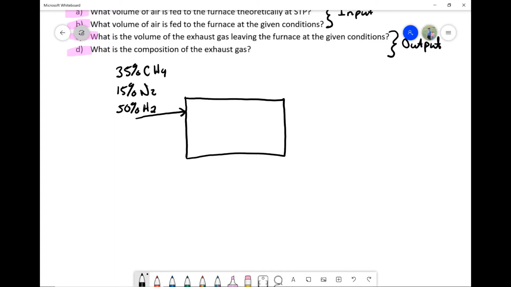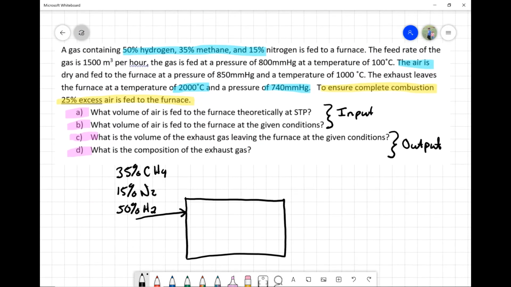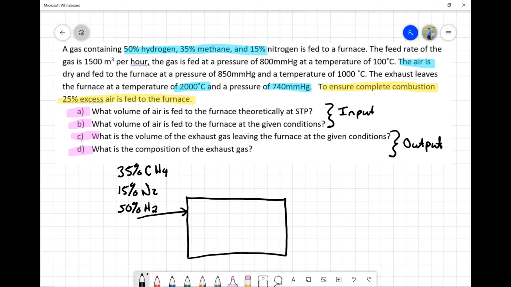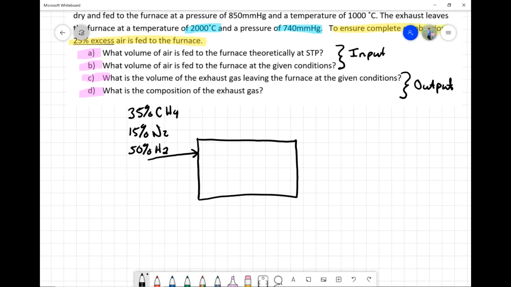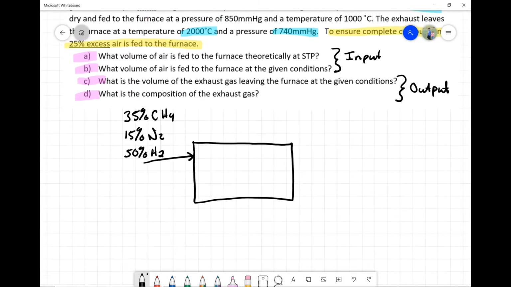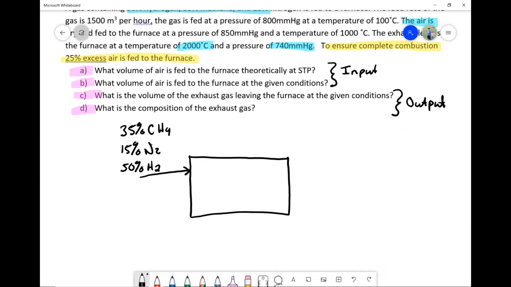And a little bit of bad bookkeeping, so I'm not matching the order it was given in the problem. That's all right. We have some conditions, and so it is 1,500 cubic meters per hour.